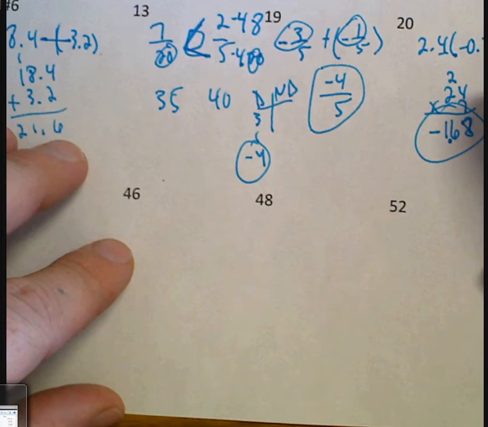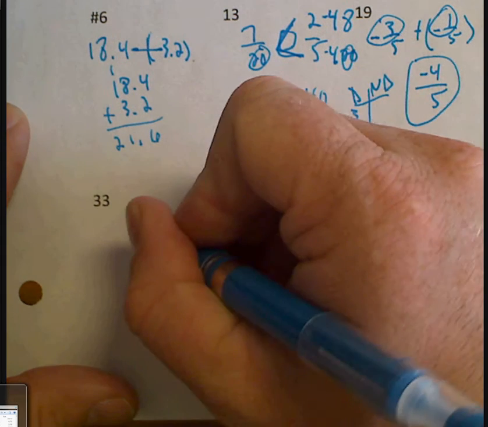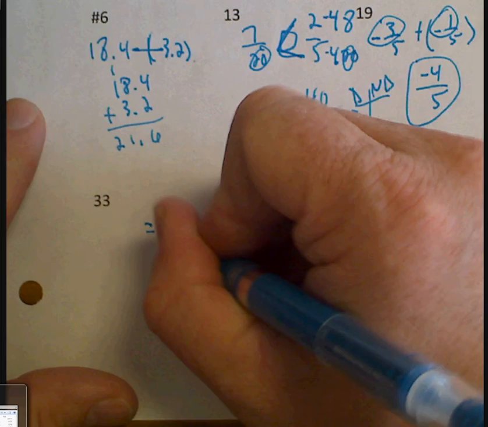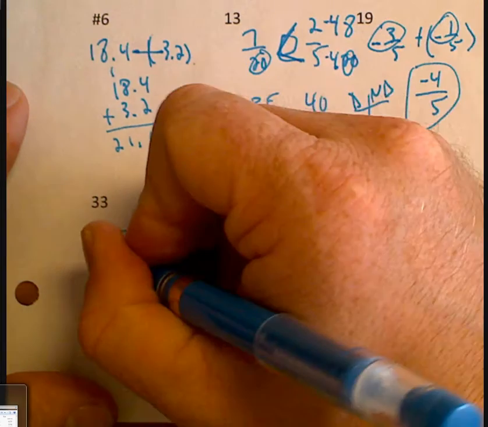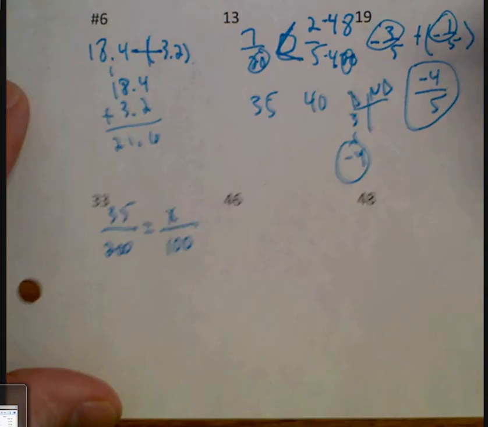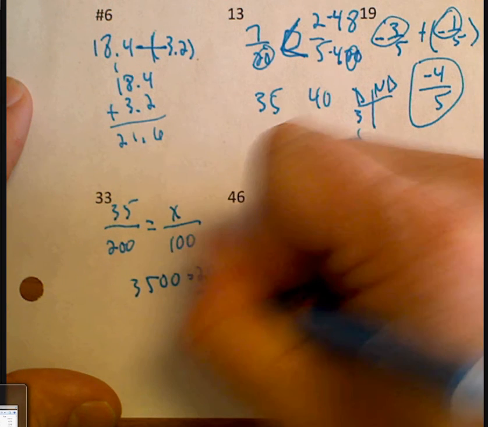Number 33. 35 is what percent of 200? So I'm trying to find the percent of 200. So 200 goes on bottom, 35 must go on top. So that would be 3500 equals 200x.